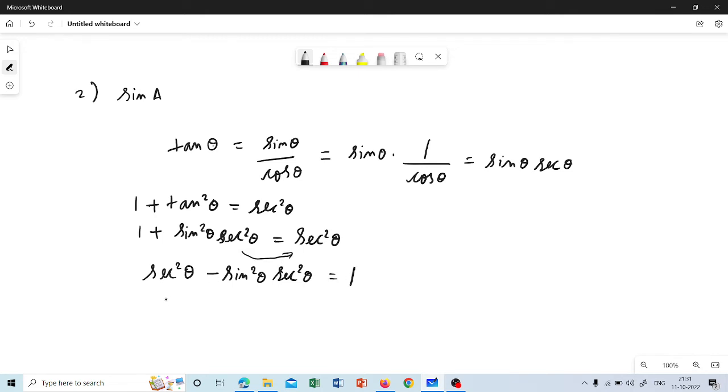Now if I take sec square common out, this will give nothing but 1 minus sine square. Yeah, sorry, I should express in terms of secant. So this should be the other way around.